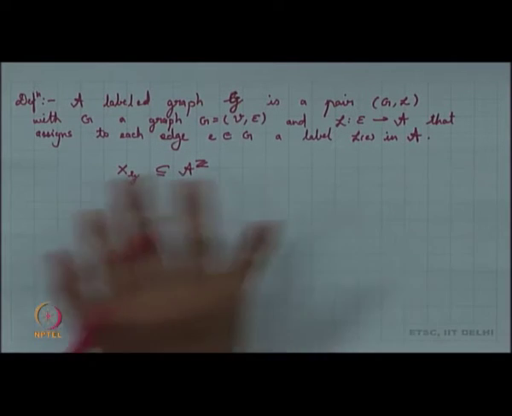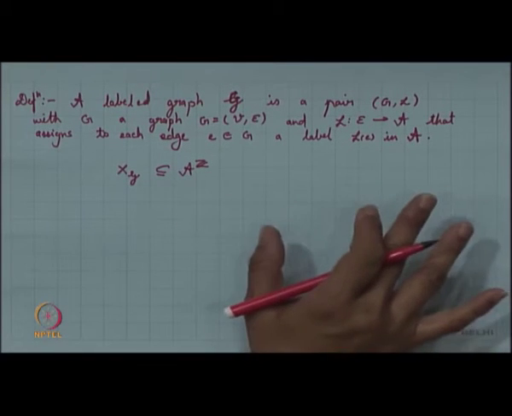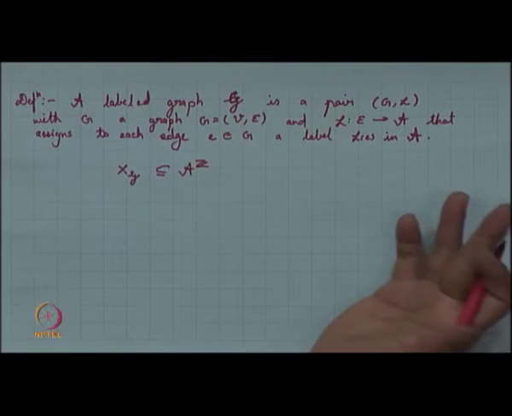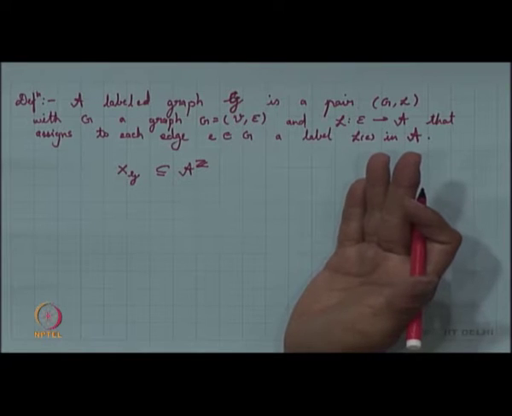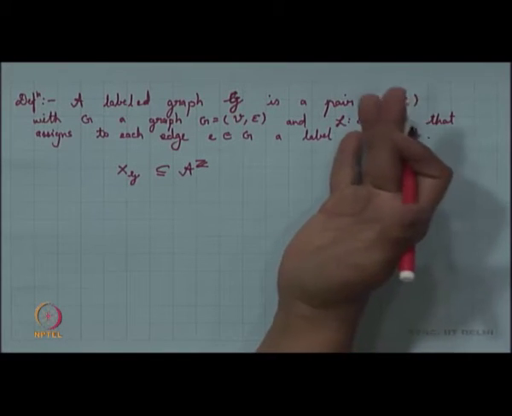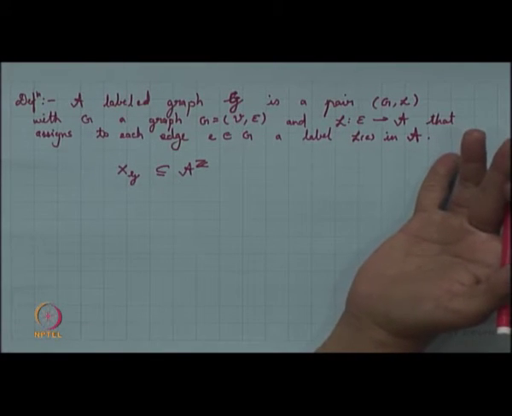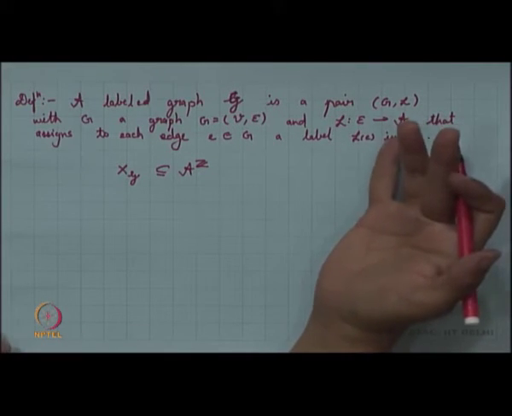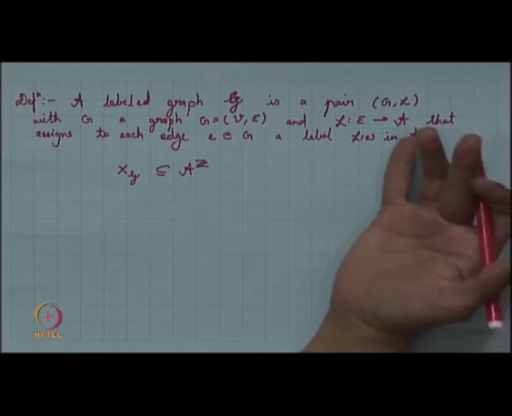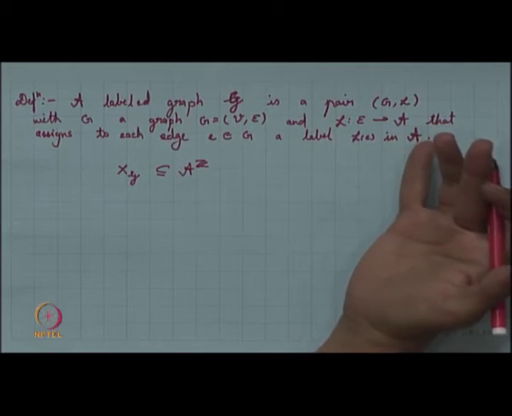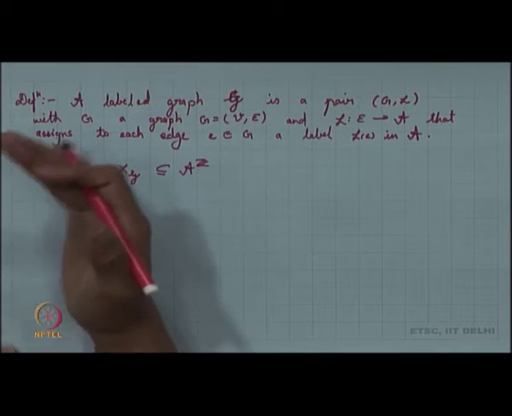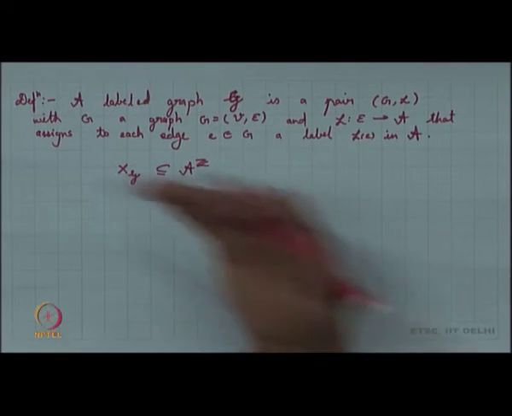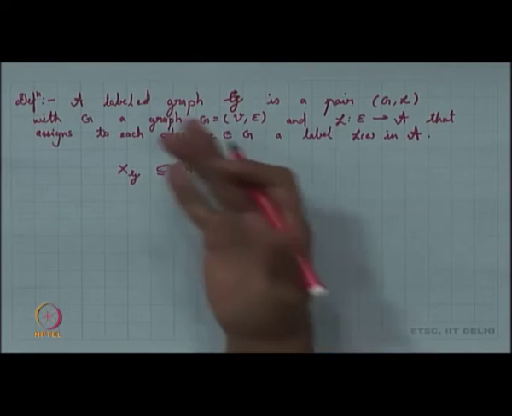So, you start with a finite labeling. Because your edges are finite, your labeling anyway has to be finite here. For each of your edges you are basically giving some kind of a label, and since there is a labeling here, you think of the edge shift now. So, the edge shift now can be viewed as a sequence of labels, if you are taking a bi-infinite walk on the labeled graph.